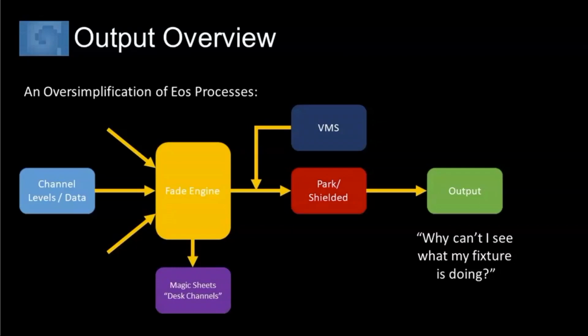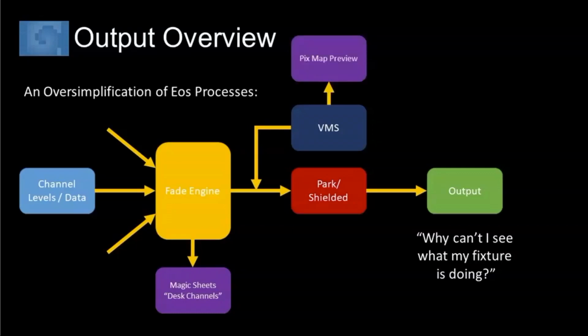So when you get something like a color chip preview, what you're actually seeing is not the information that's going out to the rig, you're seeing what the fade engine is providing. And that allows us to show you that sort of stuff in blind. That allows us to give you previews of those things, to see what the desk thinks that color is going to be. But the virtual media server is not part of that contribution.